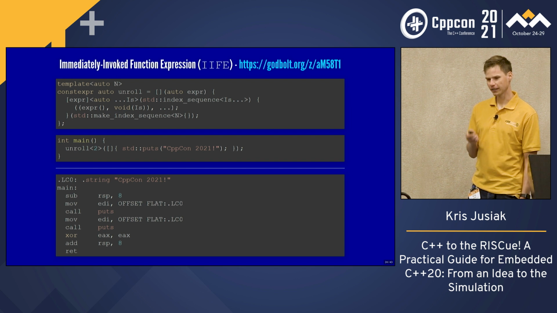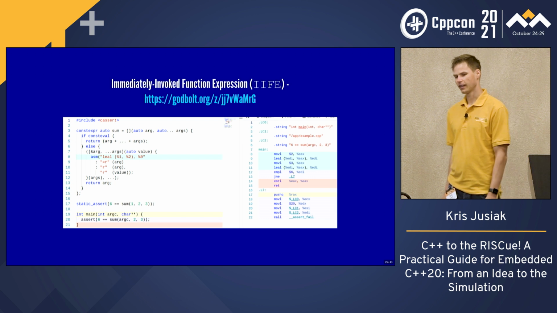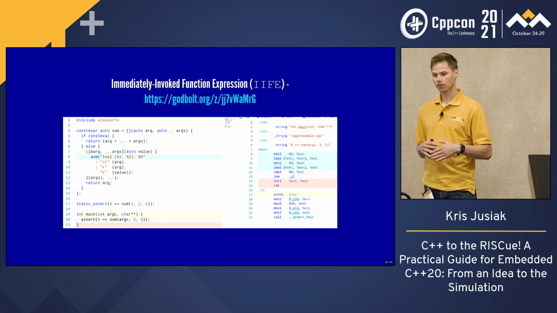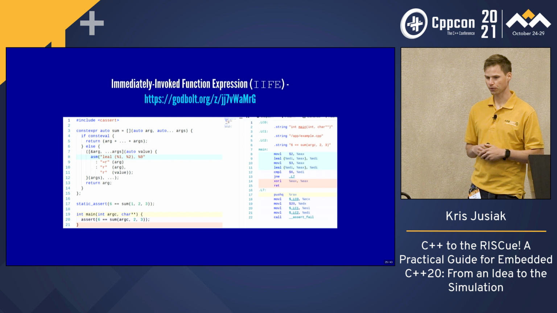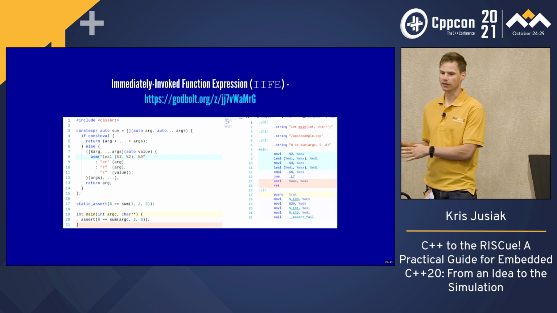What is even more handy in the embedded world is something like that, where we can immediately invoke function expressions. In case we are in the C++ consteval world, meaning the compile time world, we can just use fold expressions and not care about it.